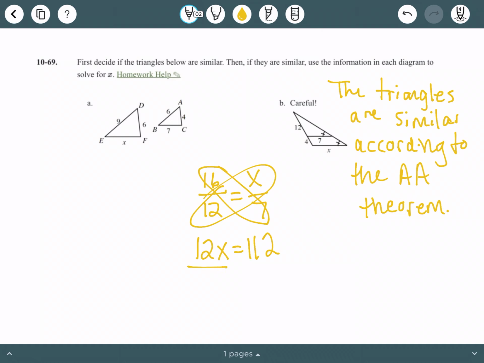And then we want to divide by 12 on each side. And when we do that, we get x equals 9.3 repeating. All right, and that is all for 1069.